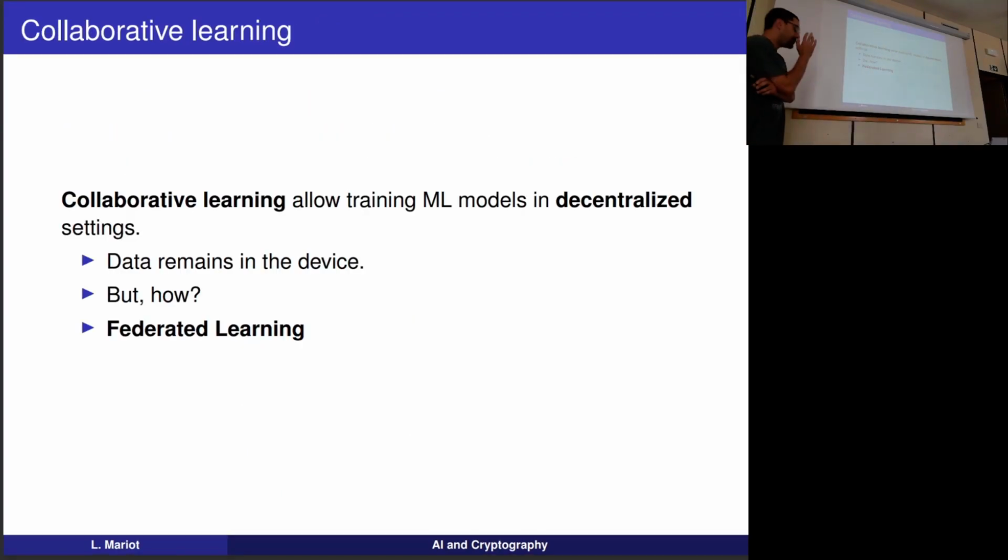So this is, let's say, the general problem of collaborative learning. In general, we want to train some machine learning models in a decentralized setting, in a distributed computing environment, where we are using, for instance, the data collected from several smartphones that are using a particular product. One such example is the Google keyboard. When you're using the Google keyboard, for example on WhatsApp, you will see that while you're writing, it is suggesting to you what is the next word.